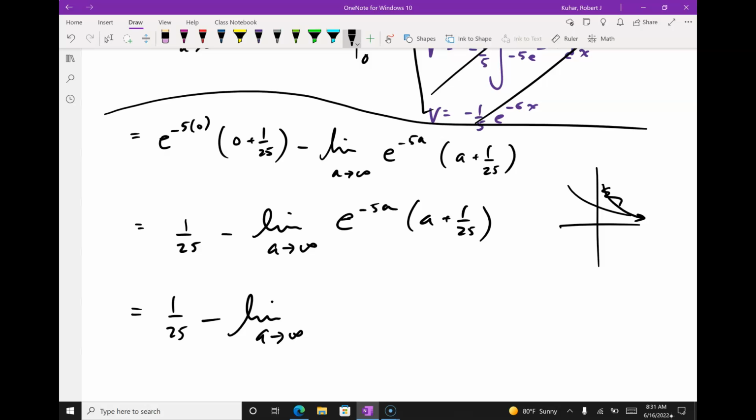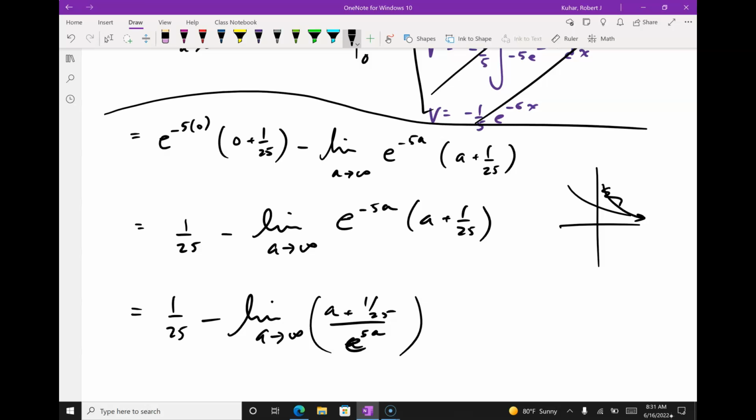Ln to the minus 1 power? Oh, no. So you should trust your instincts on it. You might have to try both, right? But it should be obvious. This one is obvious because when I move that e to the minus 5a downstairs, it just becomes e to the 5a, right? And now I've got an infinity over infinity.